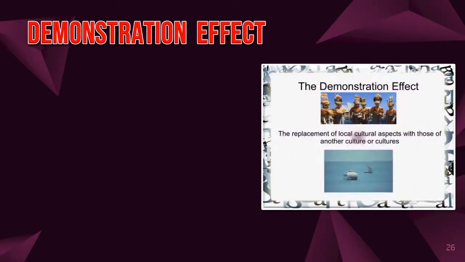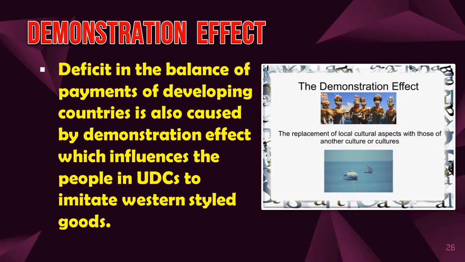Next cause, demonstration effect. Deficit in the balance of payment of a developing country is also caused by the demonstration effect, which influences the people in underdeveloped countries to imitate Western styled goods. See, the deficit in the balance of payment: when will you get the deficit?